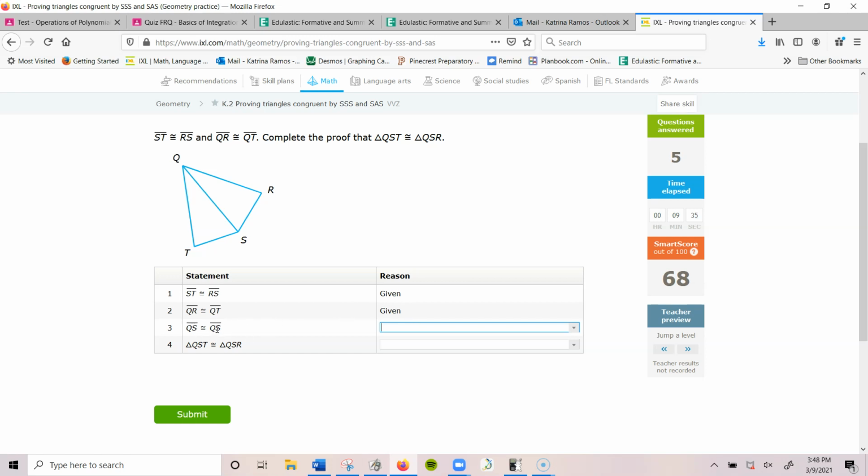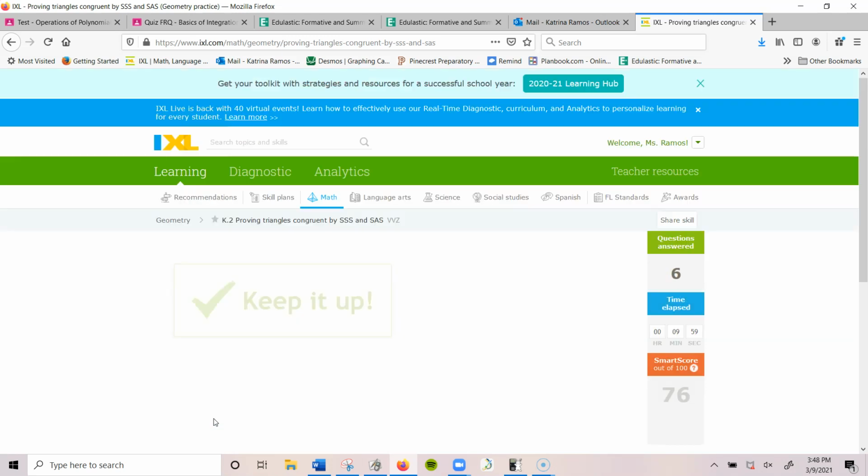QS is congruent to QS, which is itself. So again, this is the reflexive property of congruence. And therefore, these two triangles would be congruent because, and I would put here SSS. And if you look at it, it's because we are only given sides. We're not given any angles. So that's the only way that they could be congruent, is because all three sides here are congruent to each other.